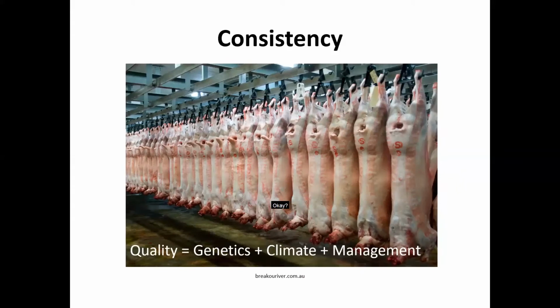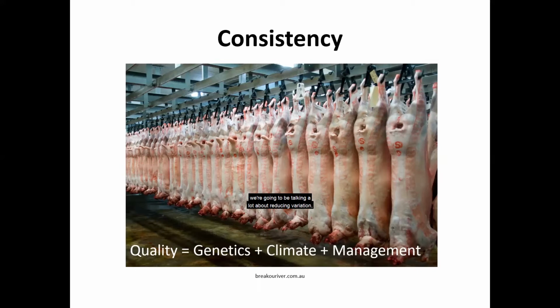And that consistent type, as we talked about, was important to industry applications as a big part of quality. Variation in quality is attributable to variation in genetics, variation in climate, variation in management. And I introduced last week the concept that selection is a reduction in variation.